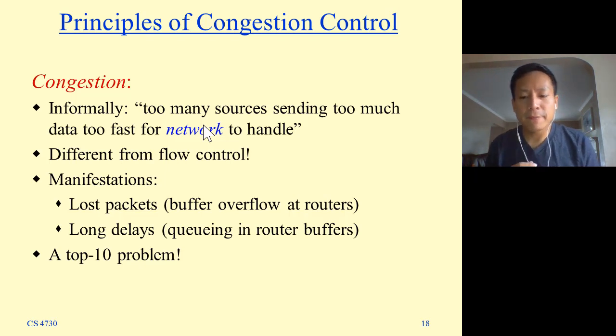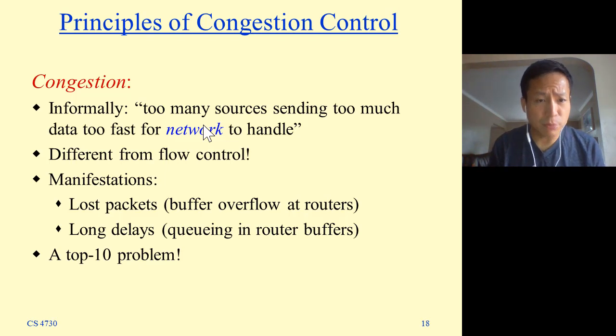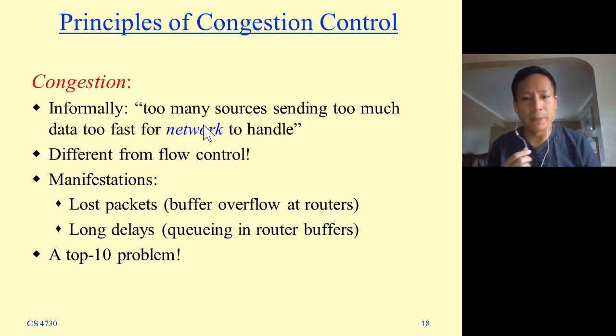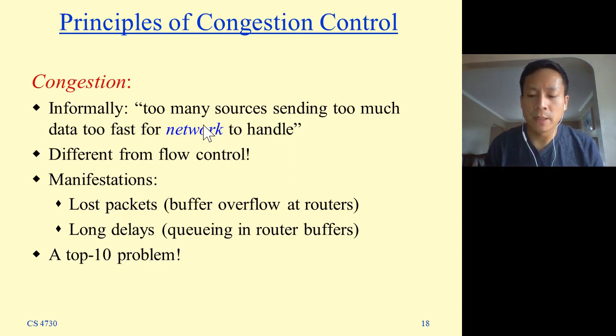The second symptom is that you may have to wait a long, long time to get some kind of response, which means long delays because the queuing will take more time. So the queuing delay will be quite significant. As a matter of fact, congestion is a very important issue. It's one of the top 10 problems in computer science history.